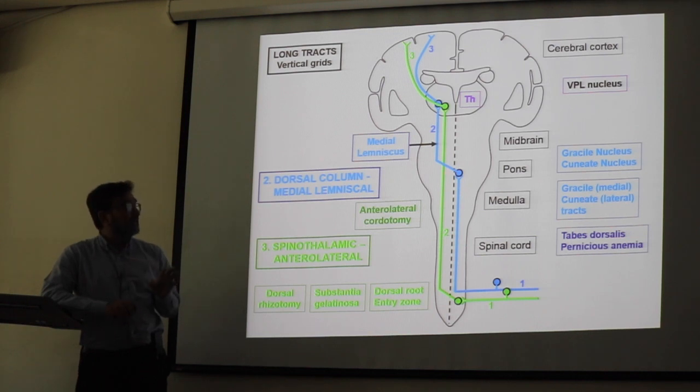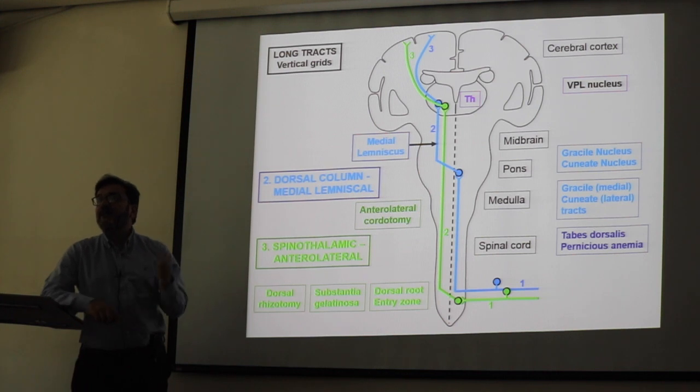So the main thing is that the dorsal column is going to cross at the level of medulla, while the spinothalamic is going to cross at the level of spinal cord. So if you have an injury of half side of the spinal cord, below the level of the lesion, the dorsal column is going to be cut on the same side. So it is representing the same side of the body.